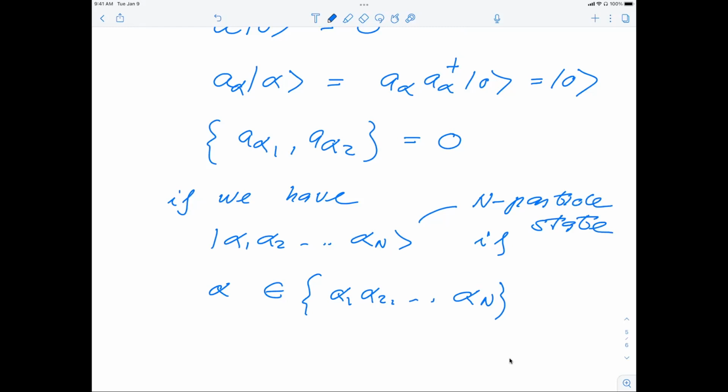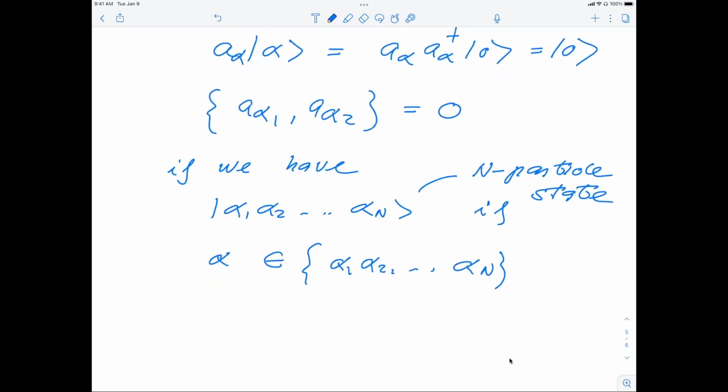Now, if we have an n particle state, and if this alpha is contained inside here, then we would have an A alpha acting on A alpha 1 dagger, A alpha 2 dagger, and we move up to some alpha k, and then there is a state which is actually equal to this alpha.